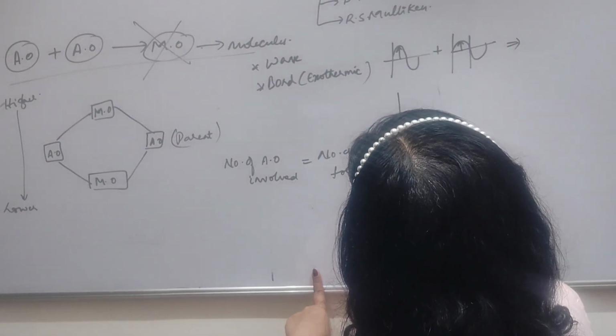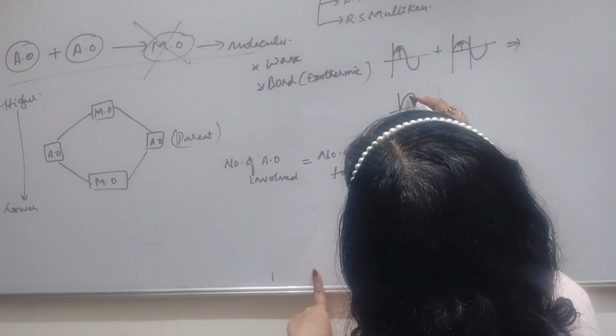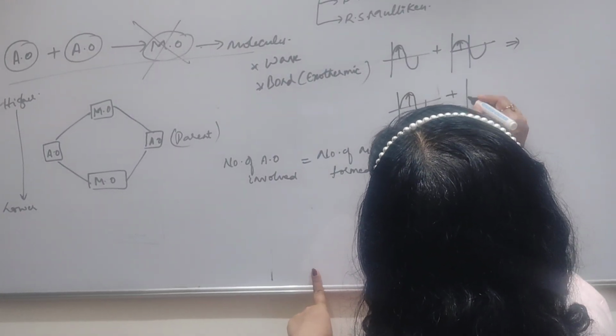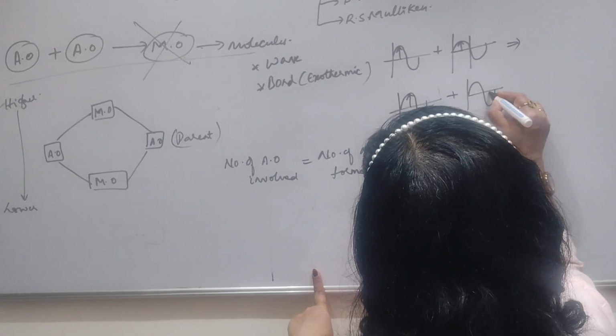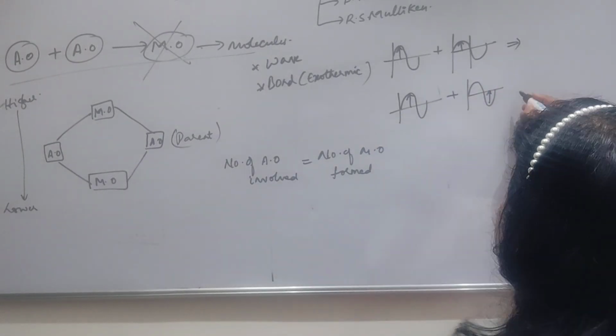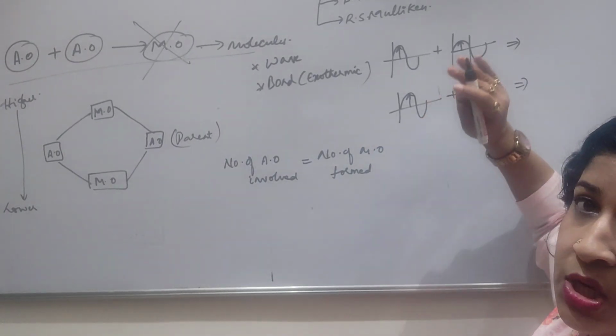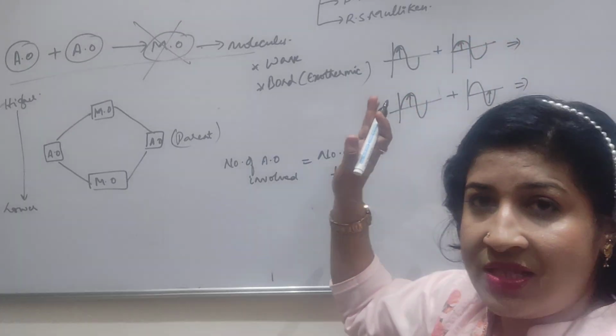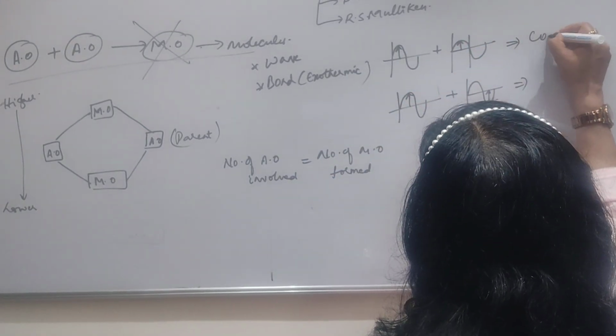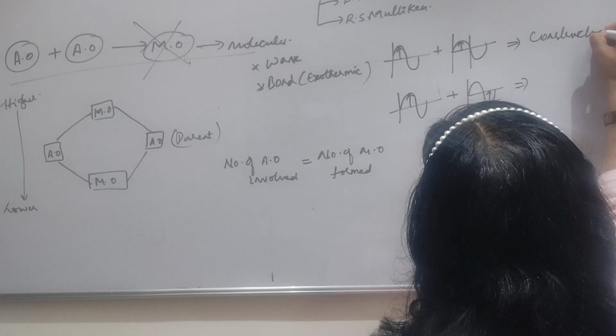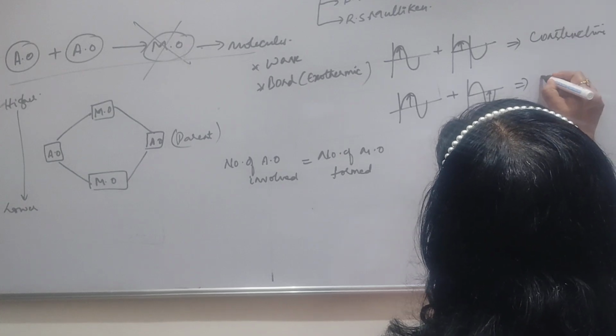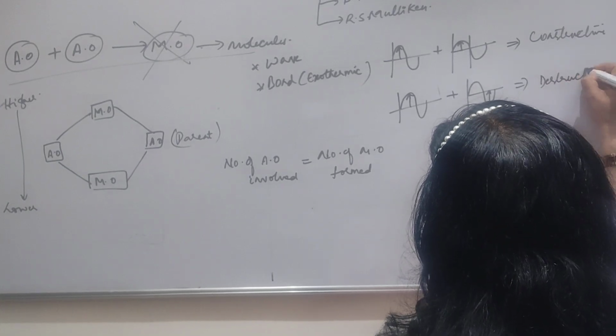If the wave is in this way, where this is the crest and the other wave is from the trough, then this is known as destructive interference. So whenever the atomic orbitals combine in this form, it is known as constructive interference, and whenever you see it in the other way, it is known as destructive interference.